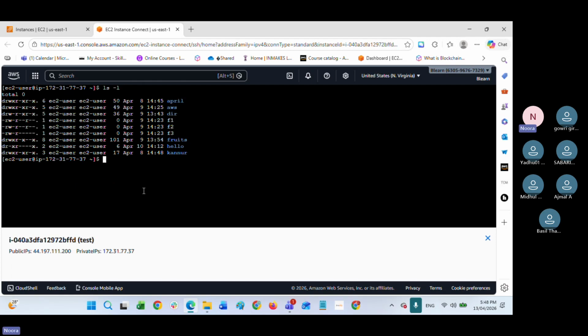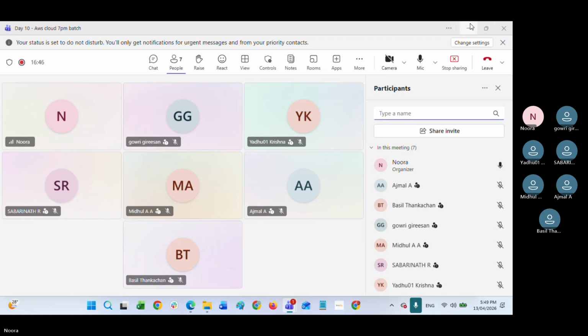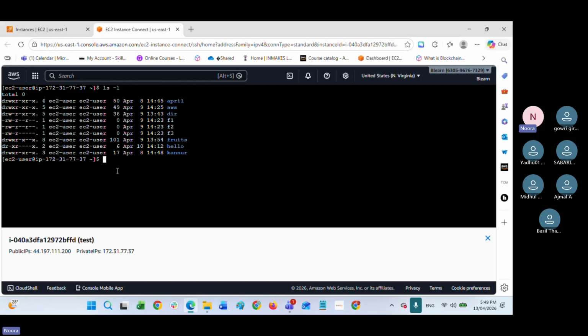Can you ask a question? Let's say you want to change the file permission of a file.